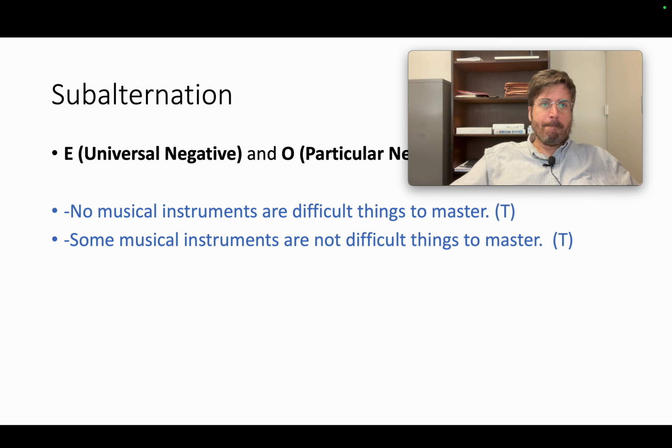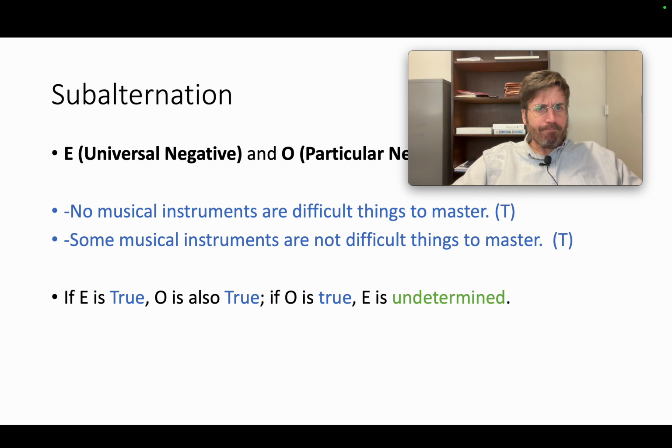Okay, and again, just based on the intuitive logic of the thing, if we're saying there is not a single instrument in the world that is difficult to master, then it must also be the case that some musical instruments are not difficult to master as well, right? It's a smaller claim in scale, in scope. If E is true, O is true. If O is true, E is undetermined.